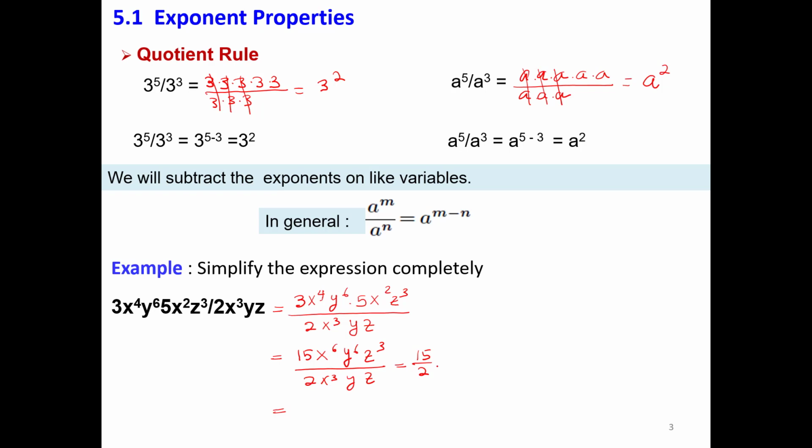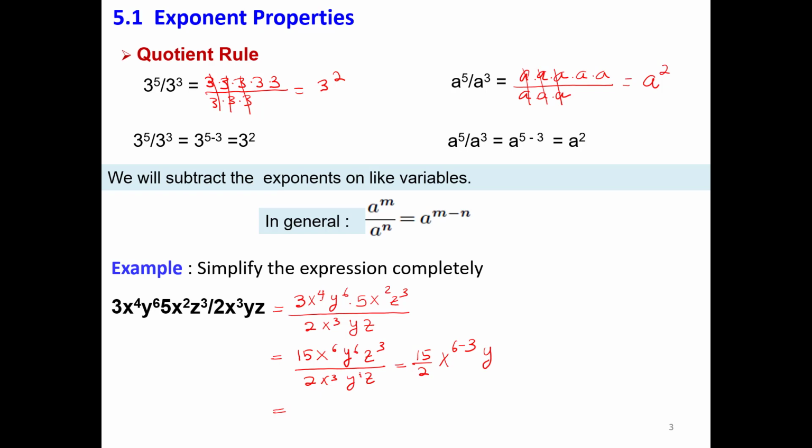Let's see x, and I will do this one with all the steps. We have the quotient and we have the same base. Then we can just keep the base, 6 minus 3, y, 6.